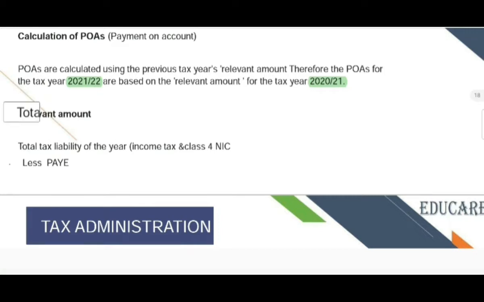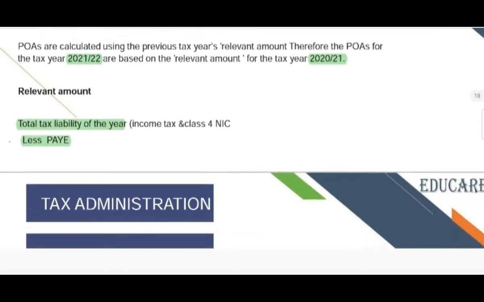It means total tax liability less Pay As You Earn. For the calculation of the relevant amount, total tax liability means only income tax and Class 4 NIC contributions, and from this total tax liability you deduct Pay As You Earn to get the relevant amount.